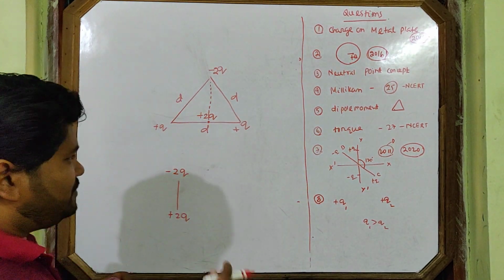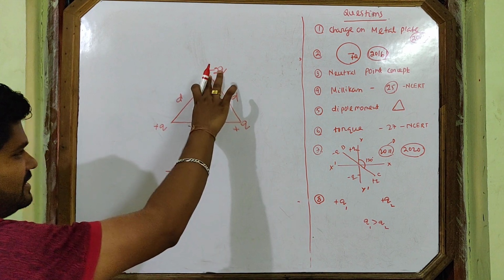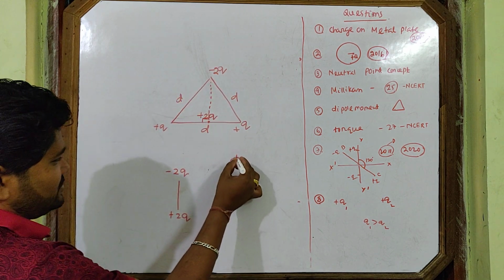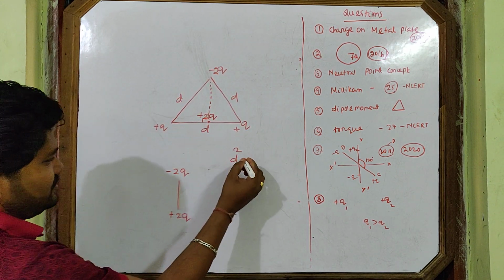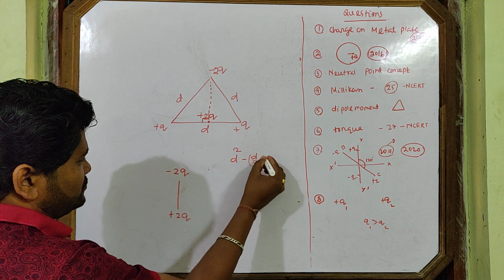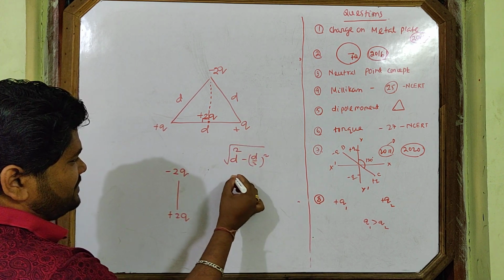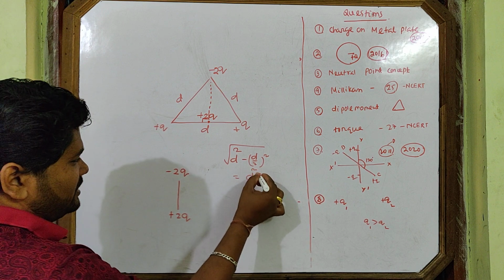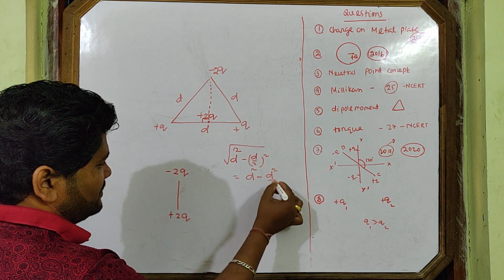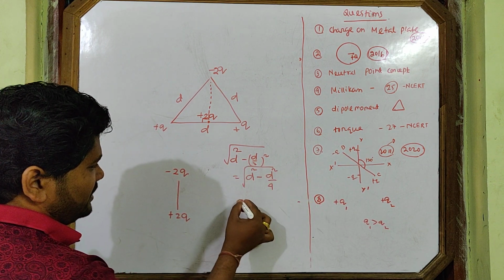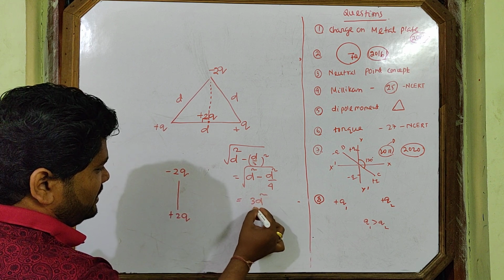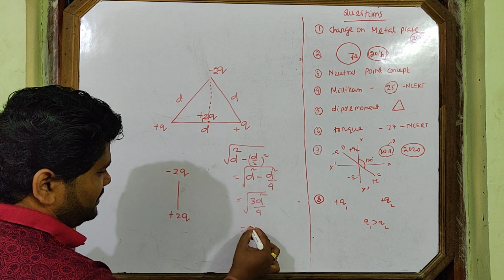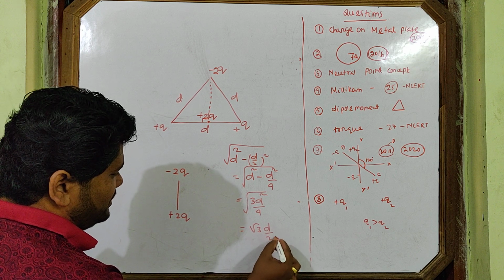You know how to find the median distance. This is the hypotenuse, d square, and this is d by 2. So d by 2 square, then minus, using Pythagoras theorem: d square minus d square by 4, that is 3d square by 4. It is coming root 3 d by 2.